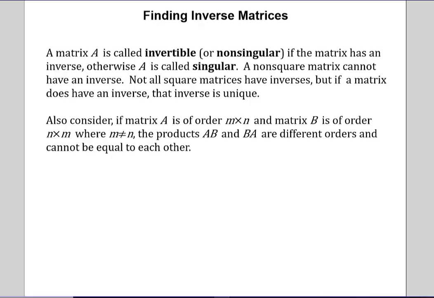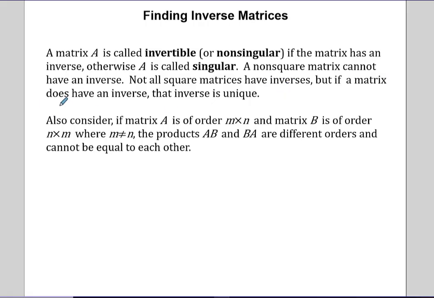Now, how do you go about finding an inverse matrix? We're going to see a couple of different approaches here. A matrix is called invertible or non-singular if the matrix has an inverse. Otherwise, we call that matrix singular if there is no inverse. A non-square matrix cannot have an inverse, and not all square matrices have inverses, though.